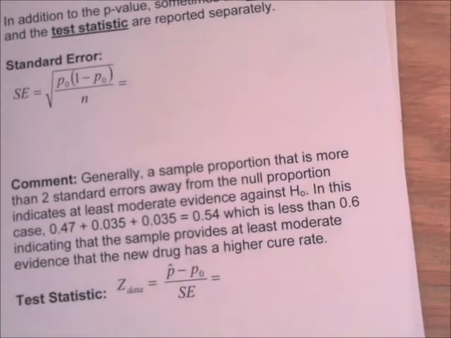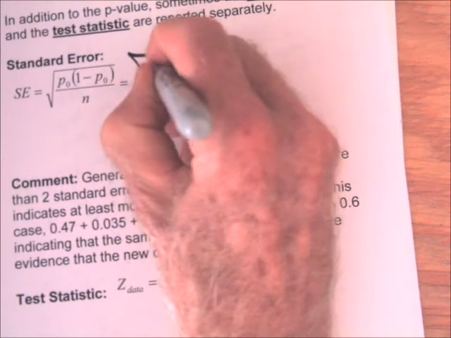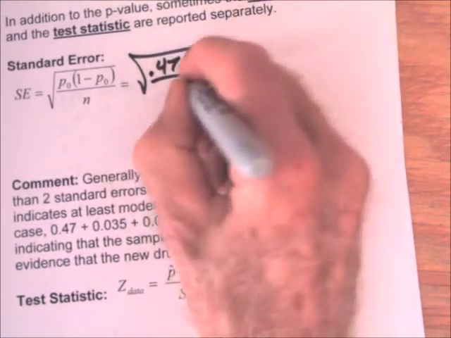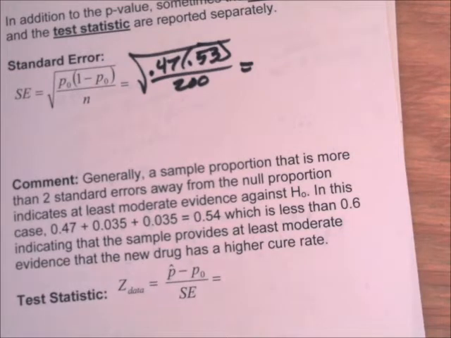The standard error here: p0 is 0.47, 1 minus p0 is 0.53, and sample size is 200. So that's the square root of 0.47 times 0.53 divided by 200, approximately 0.035.